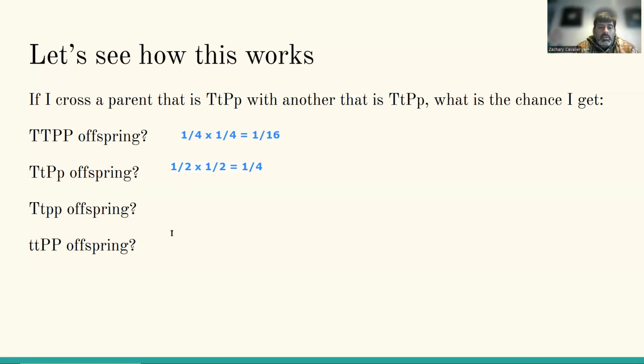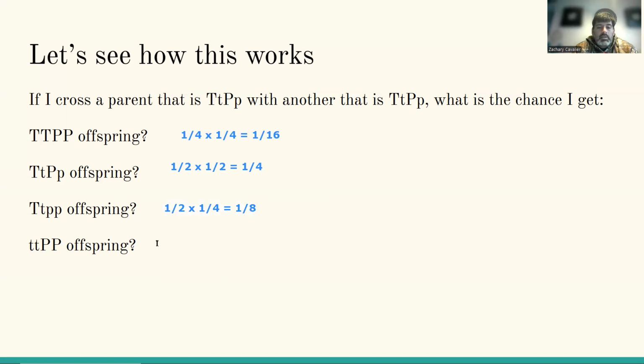What about the chance that I get a heterozygous for that first trait, but a homozygous recessive for the second trait? Again, that's 1/2. But in this case, it's not going to be 1/2 times 1/2. It's going to be 1/2 times 1/4 because 1/4 is the frequency that I would get this outcome in just that regular monohybrid cross. So what's 1/2 times 1/4? It's 1 in 8.